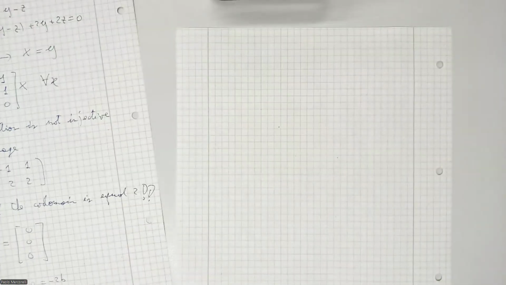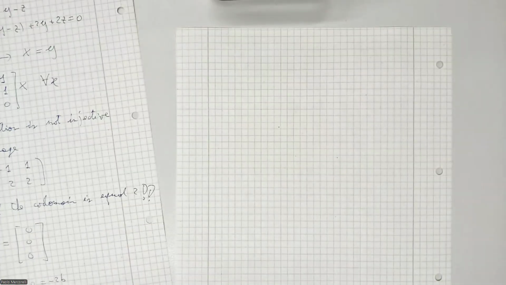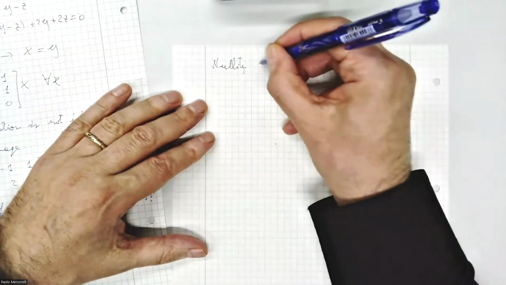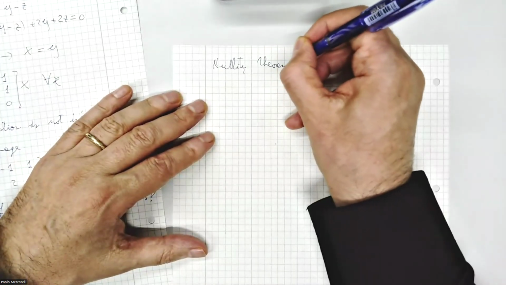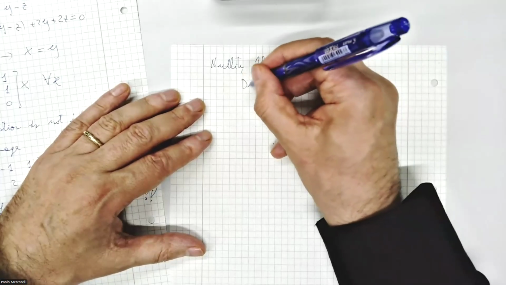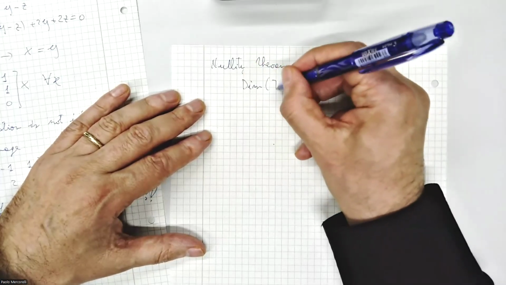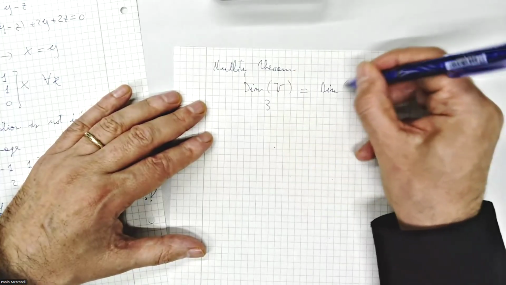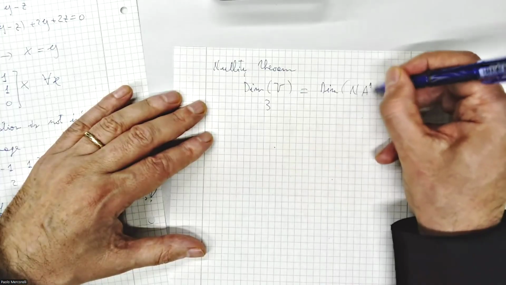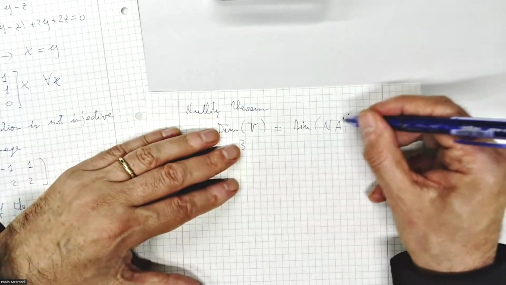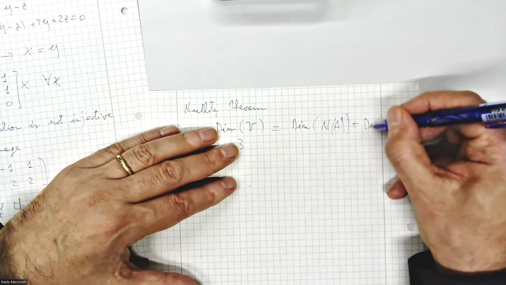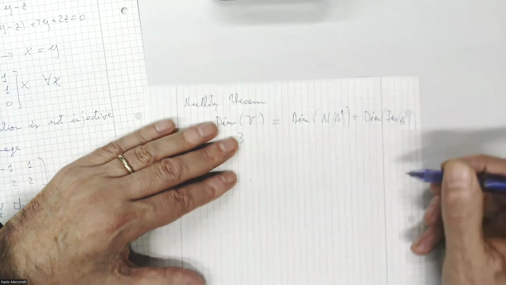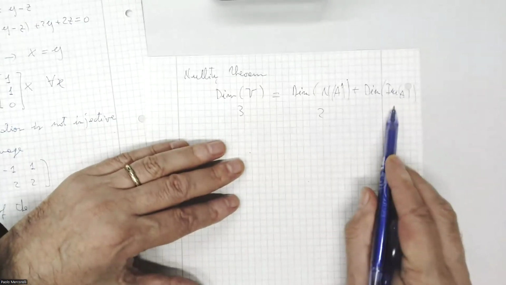Now, if you look at the nullity theorem, the dimension of the domain, which is 3, equals the dimension of the kernel of A plus the dimension of the image of A. This is 2. This means this must be 1.